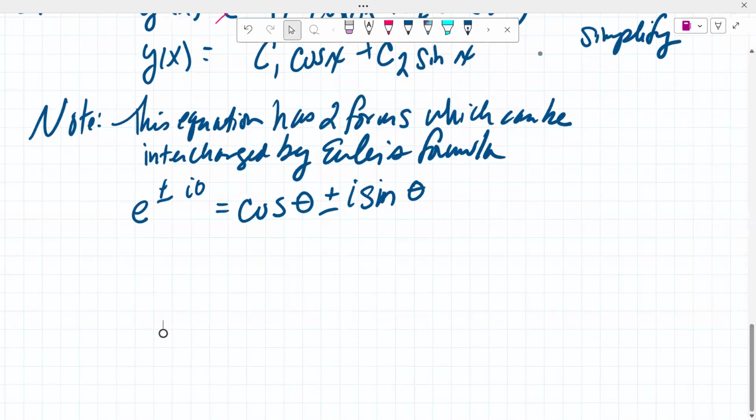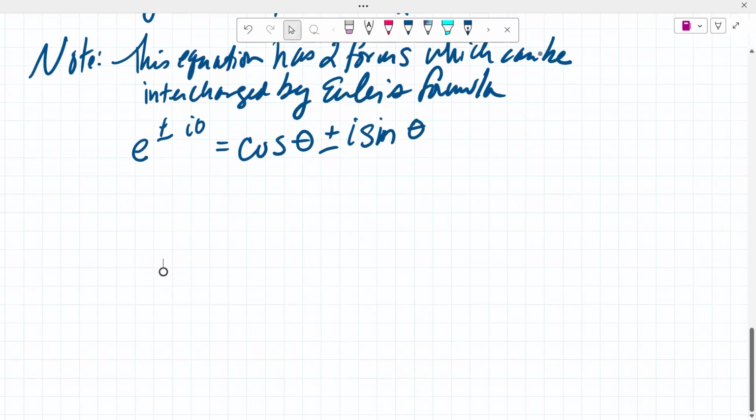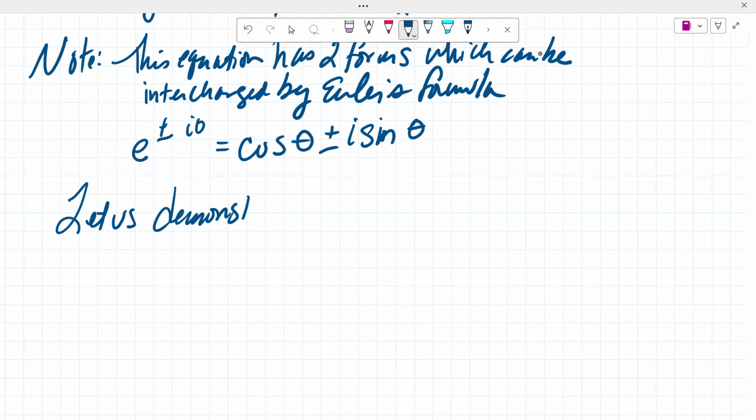We're going to demonstrate the interchange because we're going to need to have it in the other form for a reason that hopefully will become obvious as we move on. So let us demonstrate the interchange.